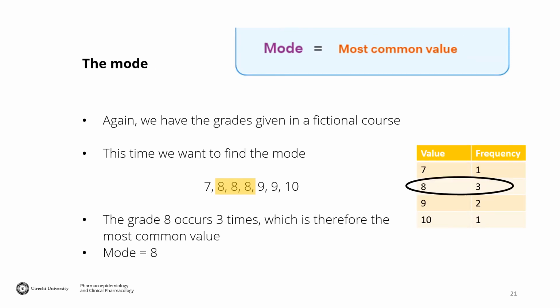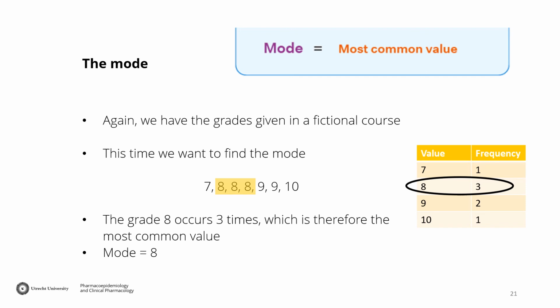And finally, we have the mode. The mode is not used as much as the other two, but it is basically the number which is most common in the set, or in the column or variable. Again, if we use the same example with the grades given in a fictional course, we want to find the mode.